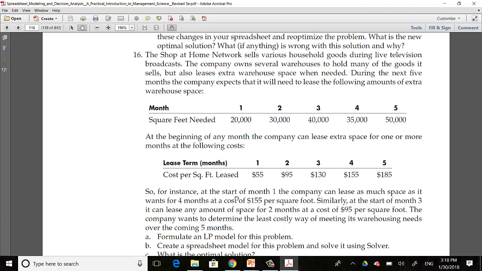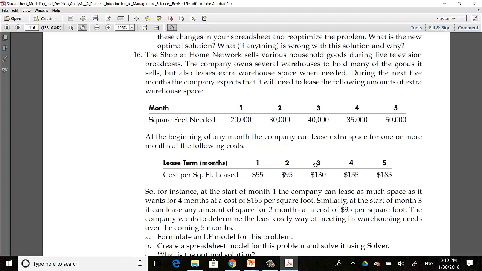Maybe a little. So at the beginning of every month, like month 1, they can lease however many square feet for 1 month, and the unit cost would be just $55. So the cost does not change per month. If your lease term is 1 month, then for all the square feet you lease for 1 month, it's $55.